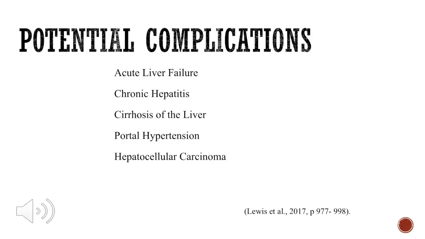Acute hepatitis can be the beginning of a cascade of issues throughout the body. Some of the potential complications related to acute hepatitis are acute liver failure, chronic hepatitis, cirrhosis of the liver, portal hypertension, and hepatocellular carcinoma. Manifestations of these progressive illnesses are not limited to a set of signs and symptoms particular to each.